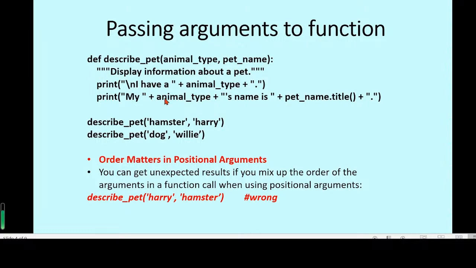Then in the function definition, we print a new line, then a message "I have a" plus the animal type. Then we print another line, the animal type's name is, plus the pet name in title form. So when you call this function, you have to write describe_pet, then the type first, then the name second. For example, you can call it with dog as the type, then Willy as the name.